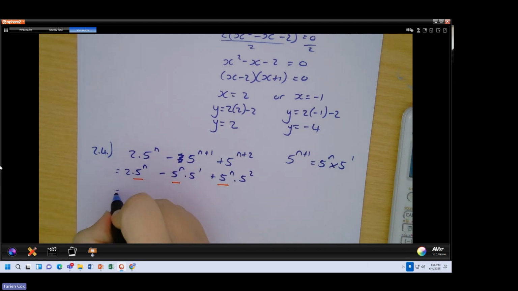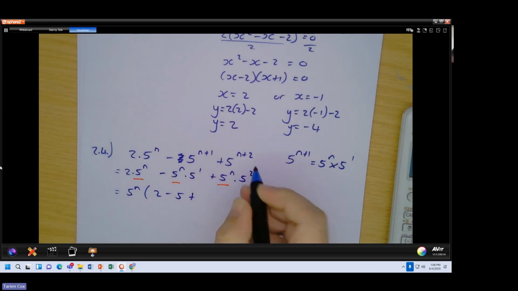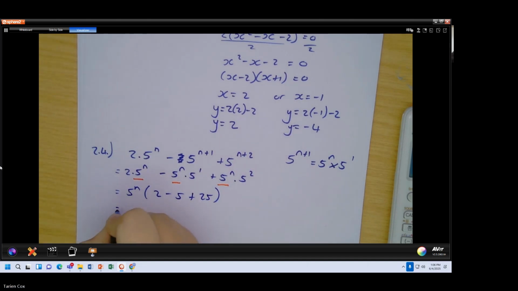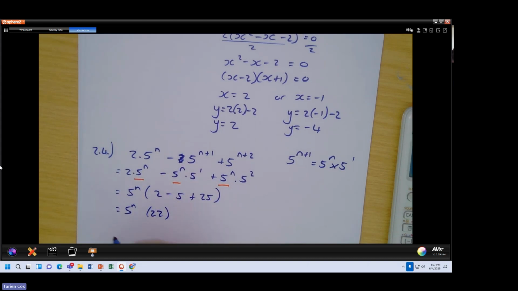I'm going to take out my common factor, and I'm left with 5 minus 2 plus 5 to the power of 2, which is 25. Just to make sure that 5 to the power of n was taken out, so it's 5 to the power of 2, which gives me 25. When I add this up, I get 22.